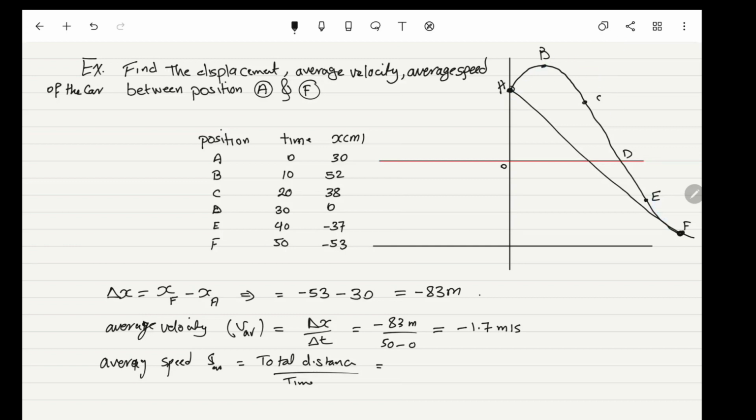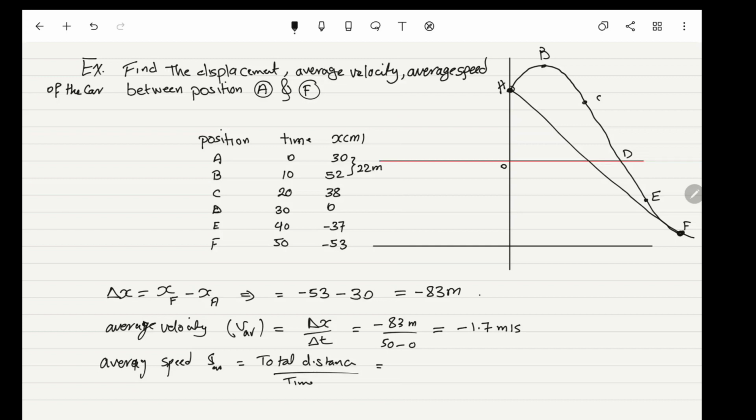We need to look at the table and calculate the total distance. Remember, A is at position 30, which means the origin here starts from 30. It's not 0. So in order to calculate the distance, we need to calculate the distance moved from position A to position B. In this case, the distance equals 22 meters.